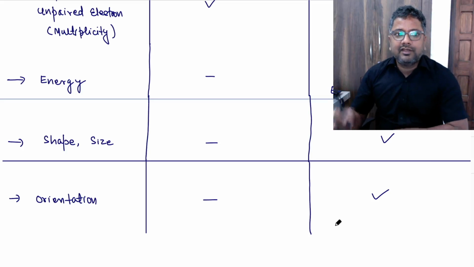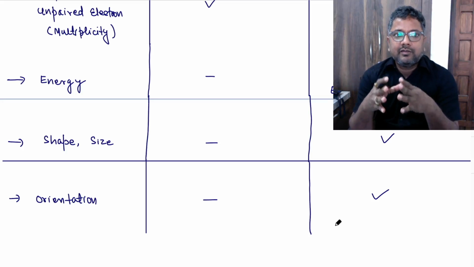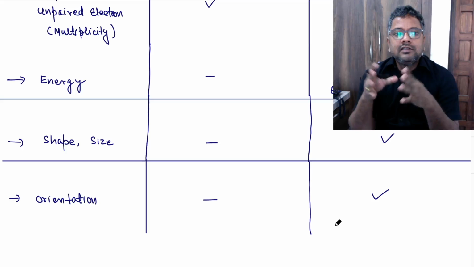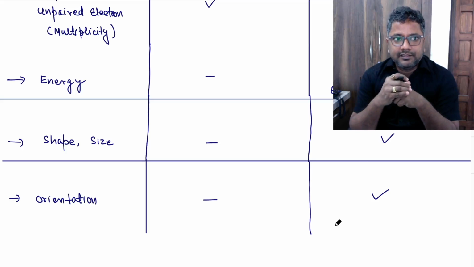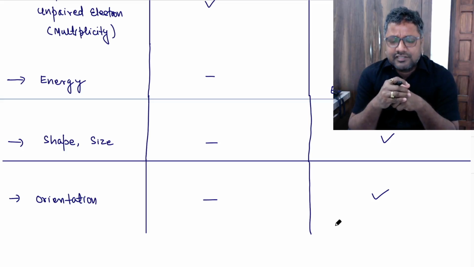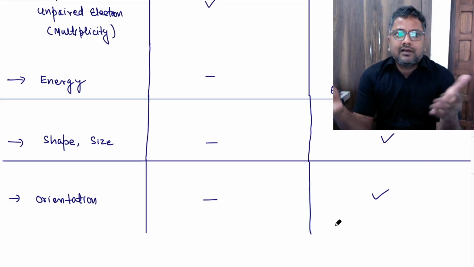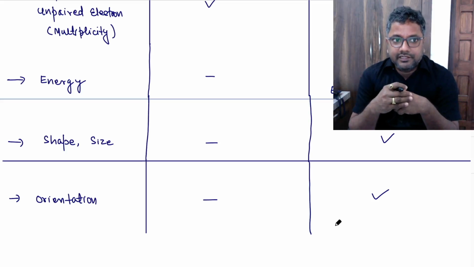For example, S orbital is non-directional and P orbital is directional. P orbitals Px, Py, Pz are at 90 degrees from each other. This is the orientation of p atomic orbitals. When they mix, they will get some other orientation, not 90 degrees.